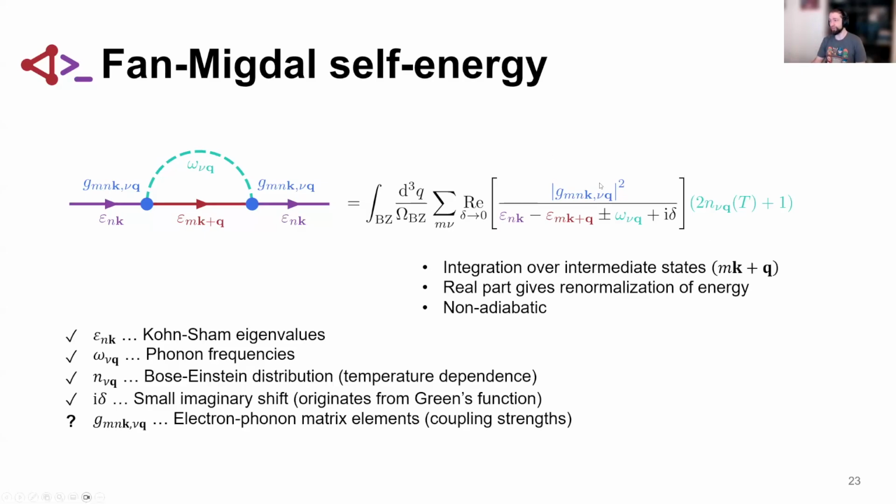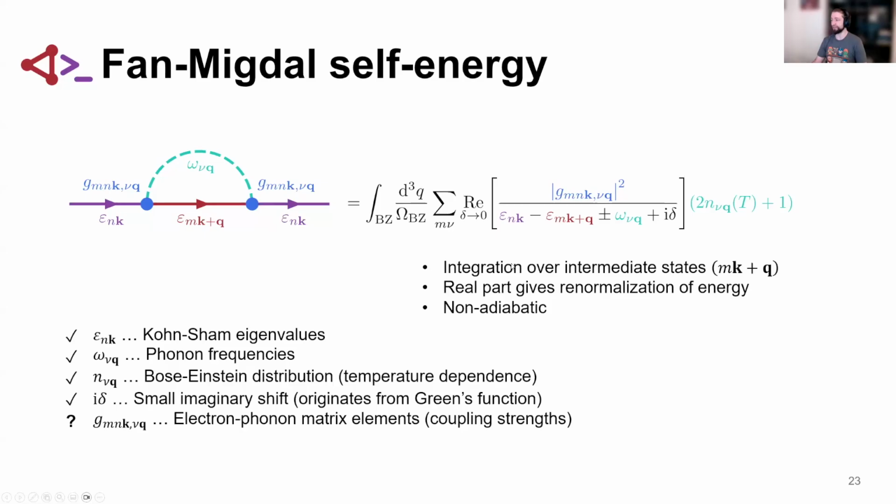And then the most important, interesting term here is the so-called electron-phonon matrix element, G, which stands for the interaction point between the electrons and the phonons. And this is a quantity that we had to implement. And there's quite some technical challenges that come with that. But once you have this matrix element, what remains is to sum over all this.